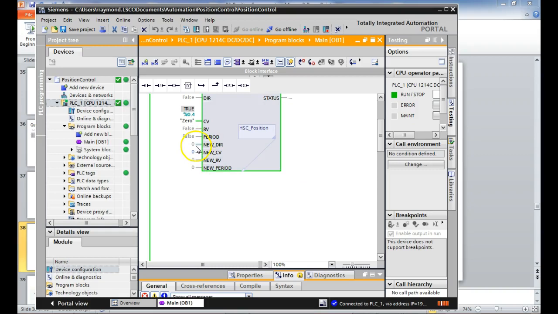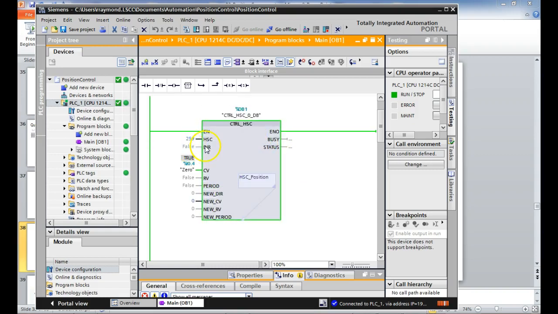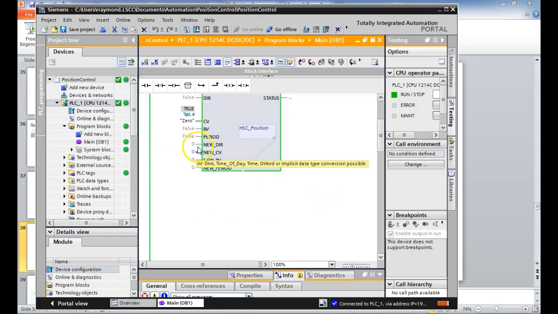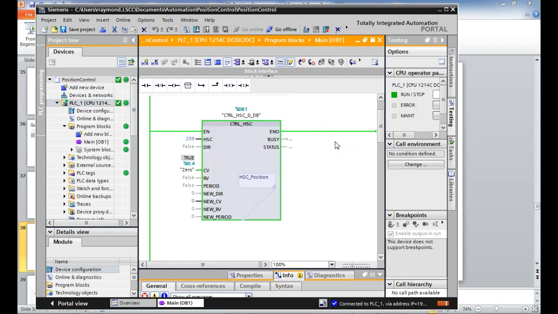You can make it physically change direction. If you make this true, then this input right here would determine whether it counts up or counts down. We have it set up for a quadrature encoder, so the quadrature encoder tells it which direction it's going. The counter automatically counts up if it turns clockwise and counts down if it turns counterclockwise.